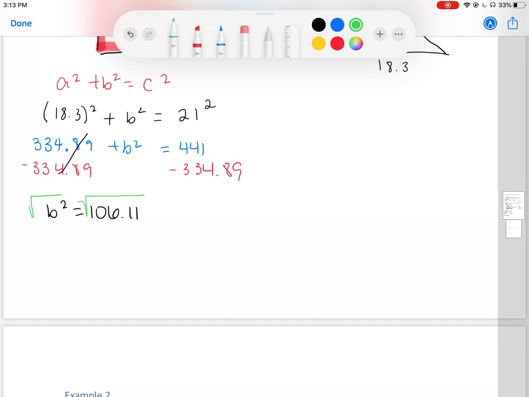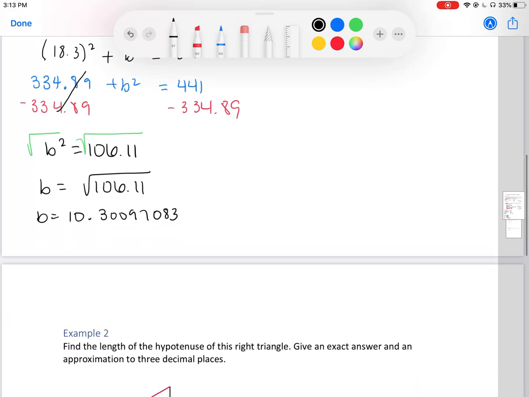So we take the square root of 106.11 and we get a really long repeating decimal. We get b is equal to 10.30097083, and it probably contains a lot more.